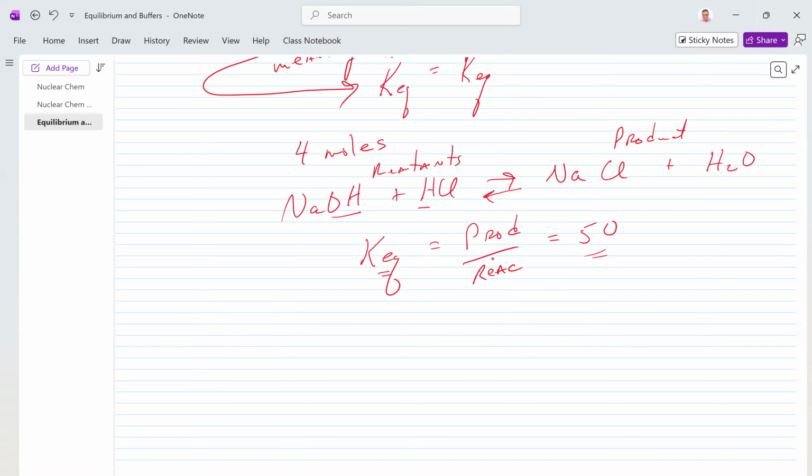So that means we have to offset this. In other words, we have to move this around so that the new product and reactant amounts are different, but the ratio means the same.